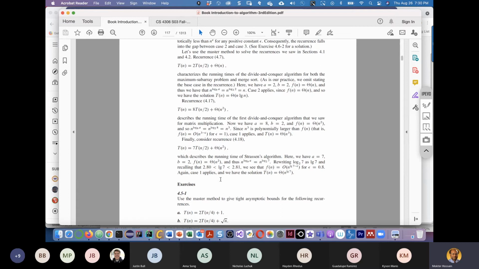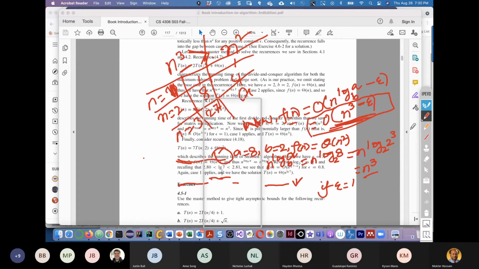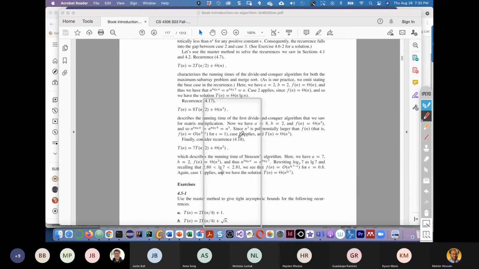Here in this problem, a equals 7, b equals 2, and f(n) equals theta of n squared. So n to the power log a with base b equals n to the power log 7 with base 2.